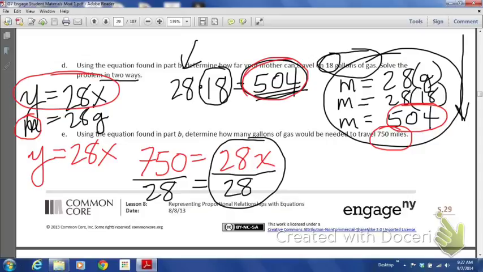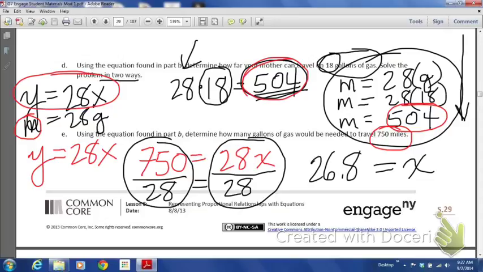If we divide 28x by 28, we get a single, solitary x. On this side, we're dividing 750 by 28, and if you did that, you would get the answer 26.8. So 26.8 gallons of gas would be needed to go 750 miles.